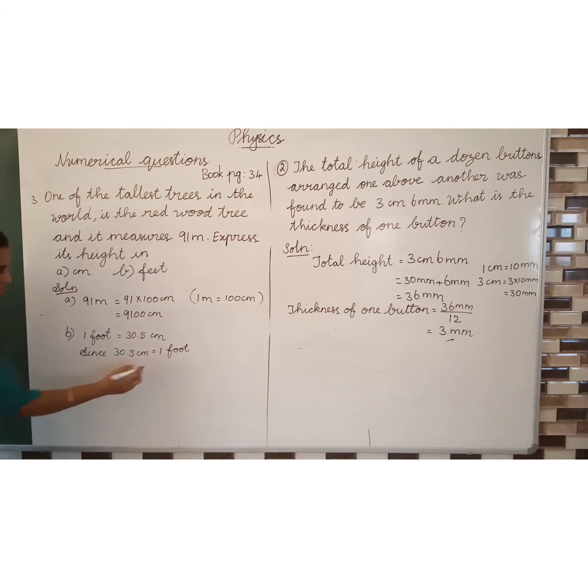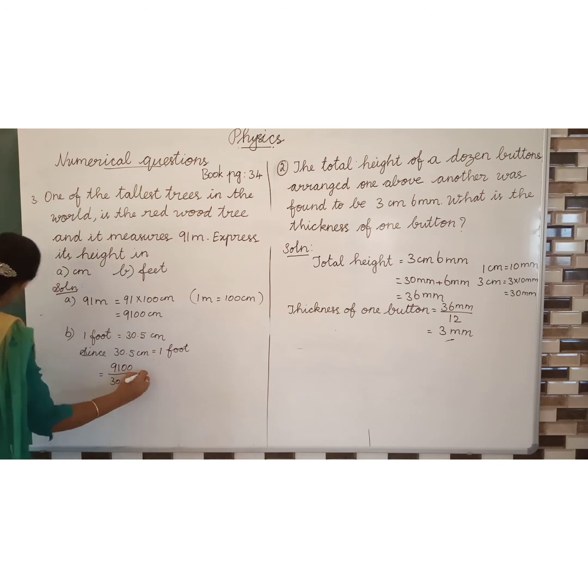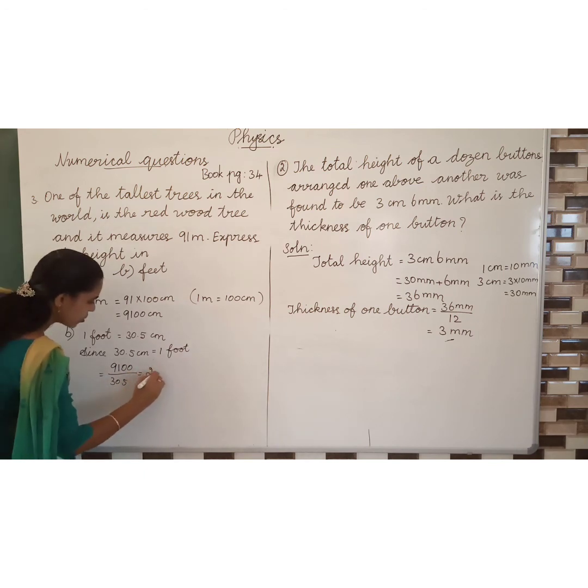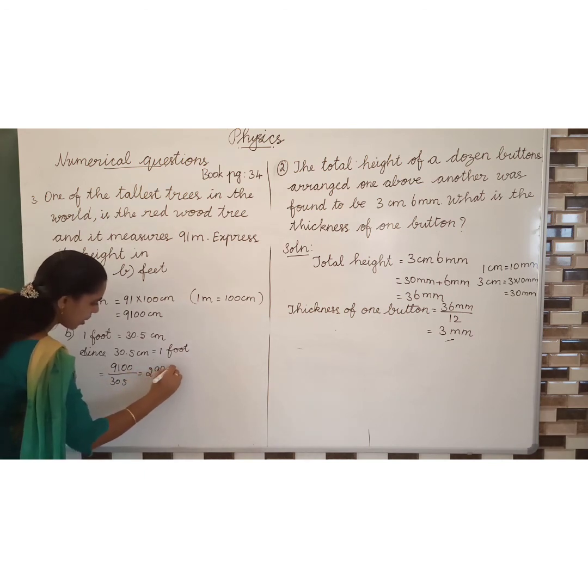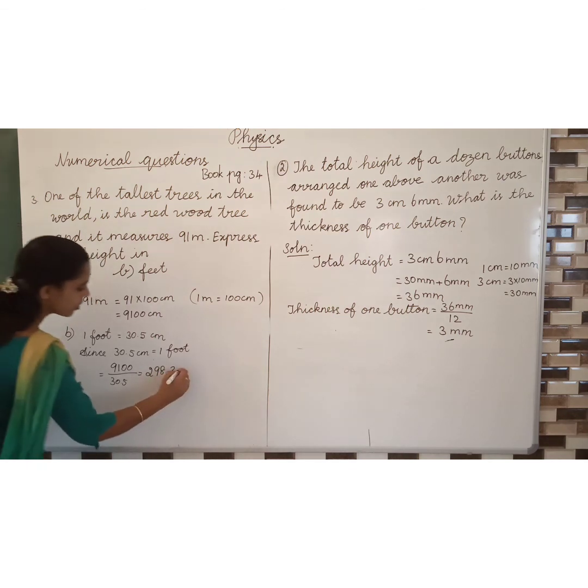So we have to divide these numbers. 9100 divided by 30.5 is equal to 298.3 feet.